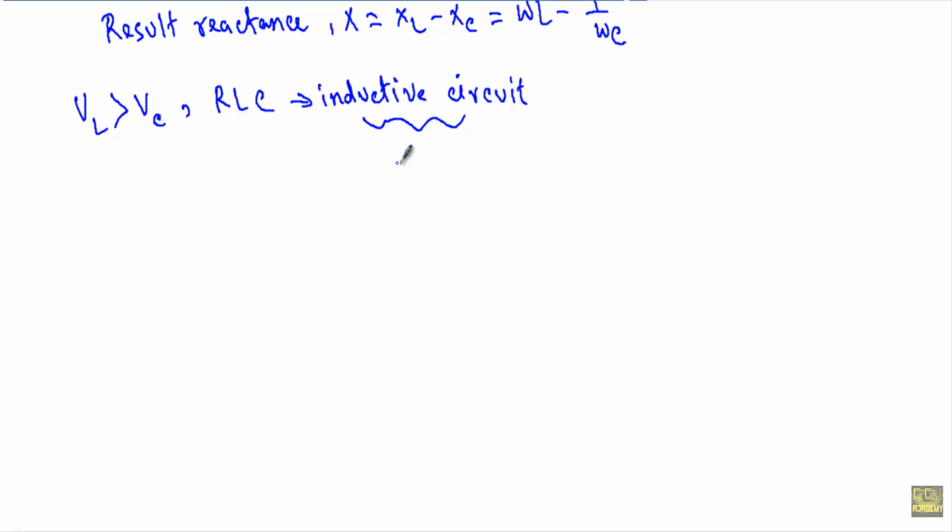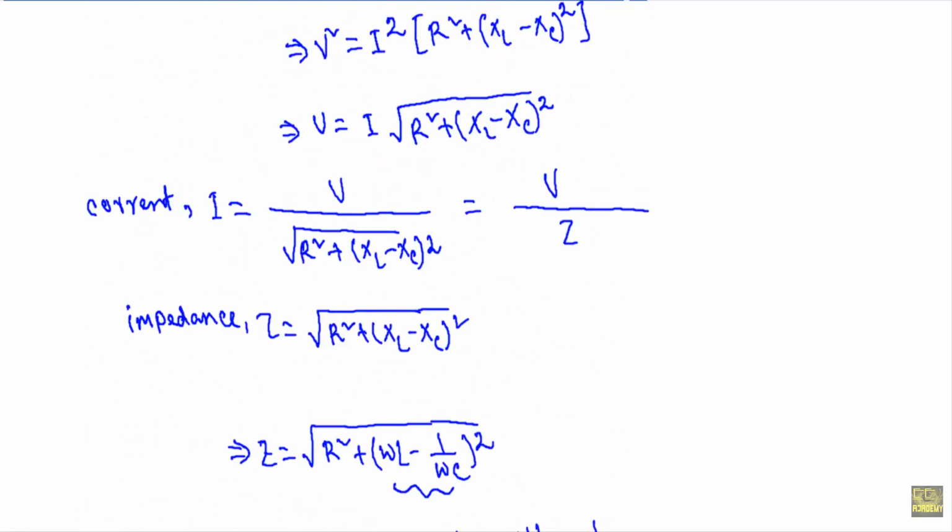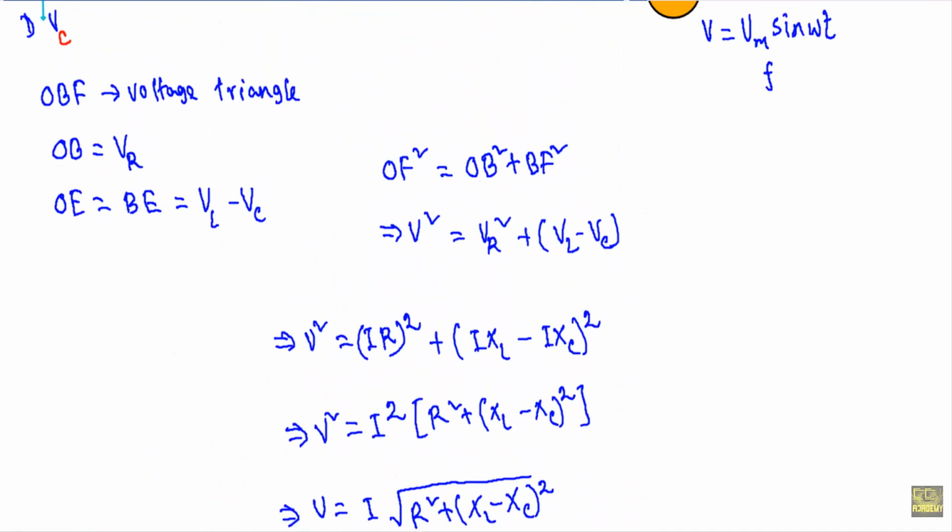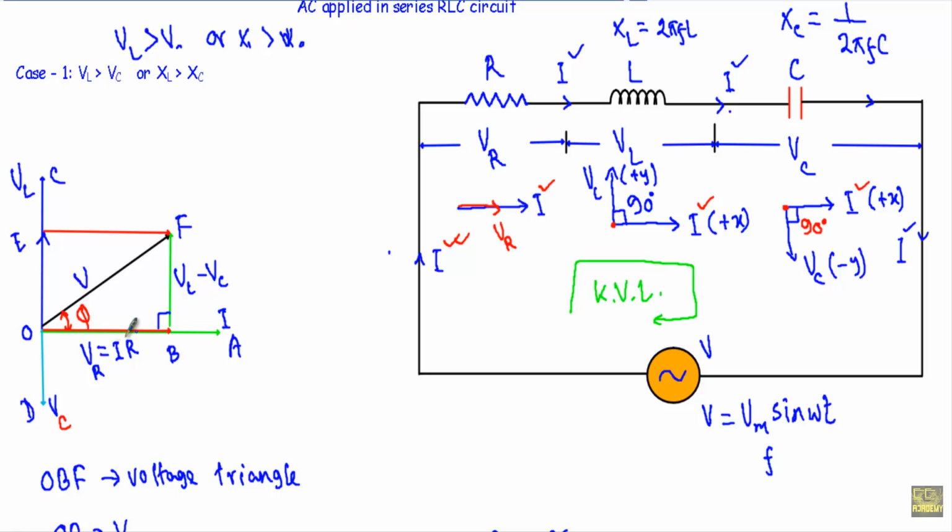And in case of an inductive circuit, our current I lags voltage V. This I is the current flowing in the circuit and this V is the applied voltage V. See here, look at the voltage triangle. This is our applied voltage V and this is our reference current I. Therefore you will see there will be an angle phi that is created between this V and I, and it is obvious that I lags V by an angle of phi.